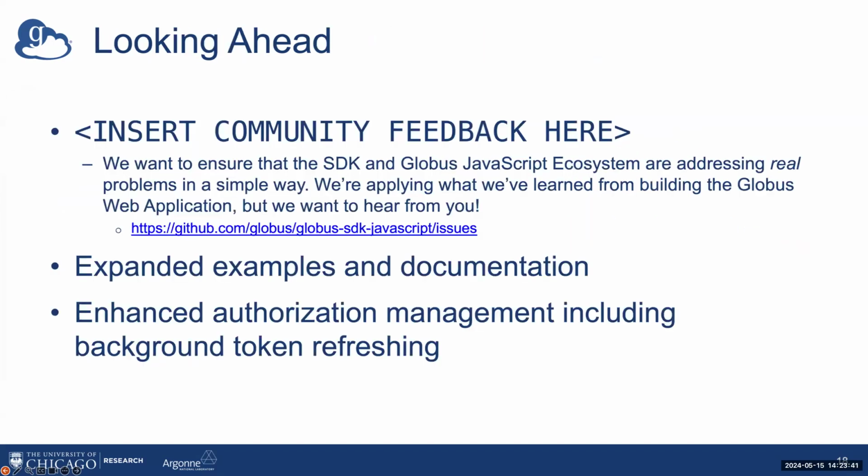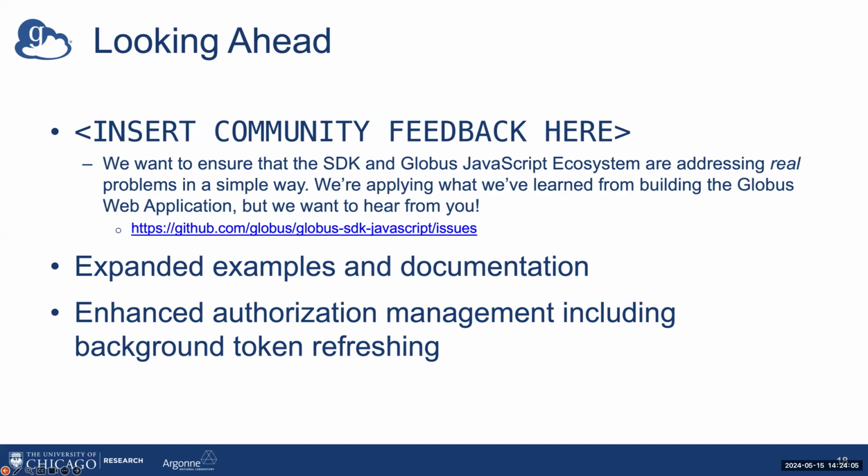So, really briefly, looking ahead at what we're working on and intend to work on, we really want to hear from the community about what is needed in your JavaScript applications. We're definitely building the SDK based on our experience within the web app, what we need, and what we found successful.